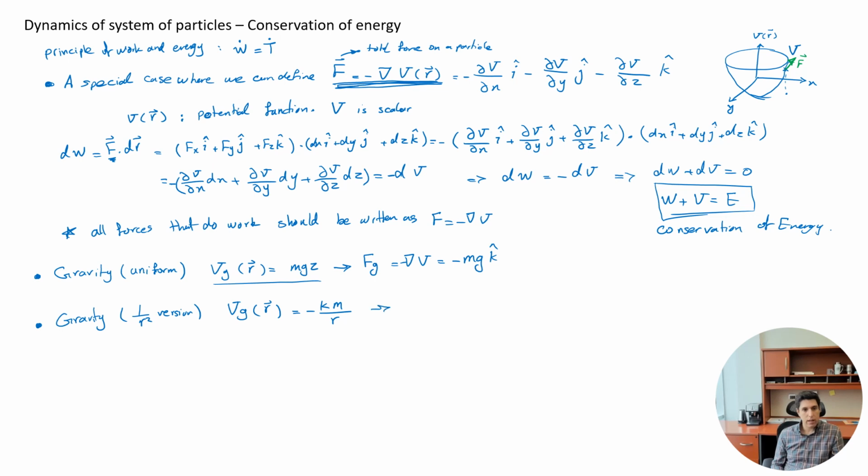In doing that, the force of gravity is going to be minus k over r squared, m, in a radial direction. And in Newton's equation, it's going to be G, mass of Earth, mass of object, over r squared.